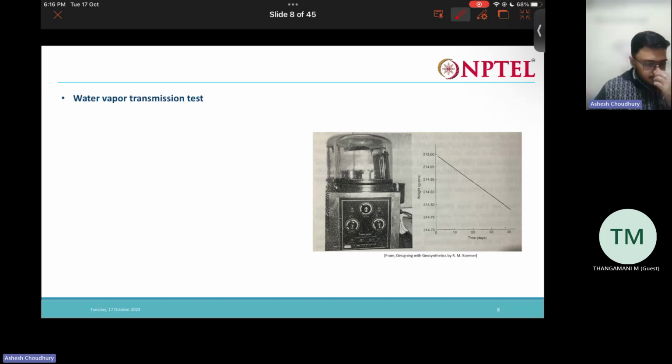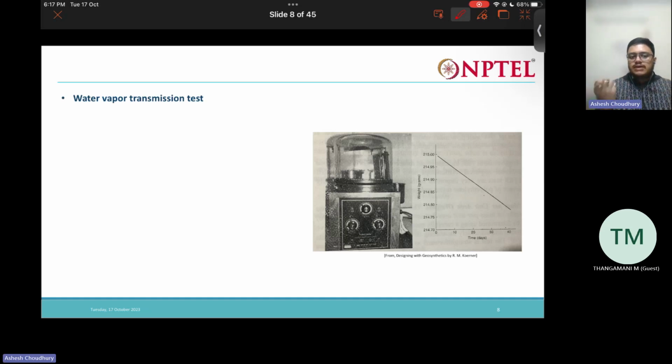Now let us come to this water vapor transmission test. Okay. So in the water vapor transmission test, what we do is we determine how much water vapor is actually passing through the geomembrane layer.